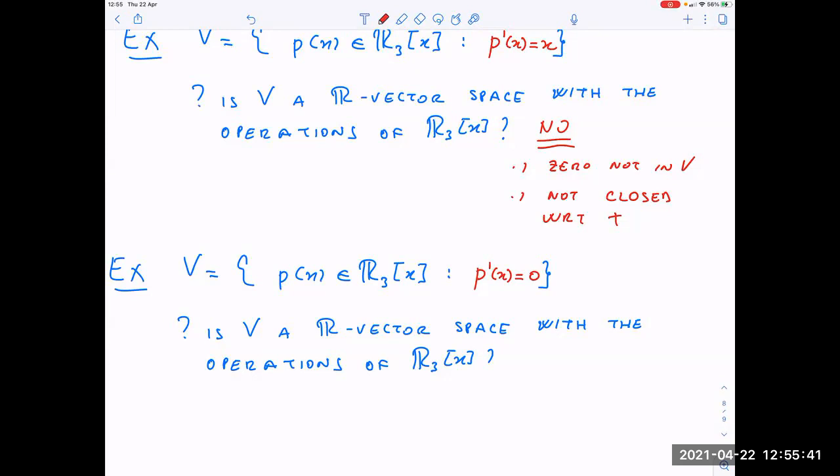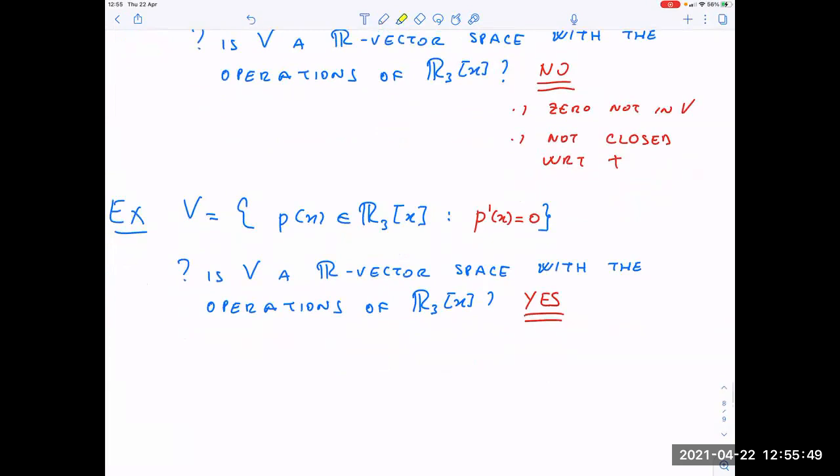Like in this case, I think you start to suspect that the answer could be yes. But how do you check this? Well, since you're using operations inside R3x, and it is a vector space, then it is enough to check for closure. And if closure is working, well, everything is going to be okay.